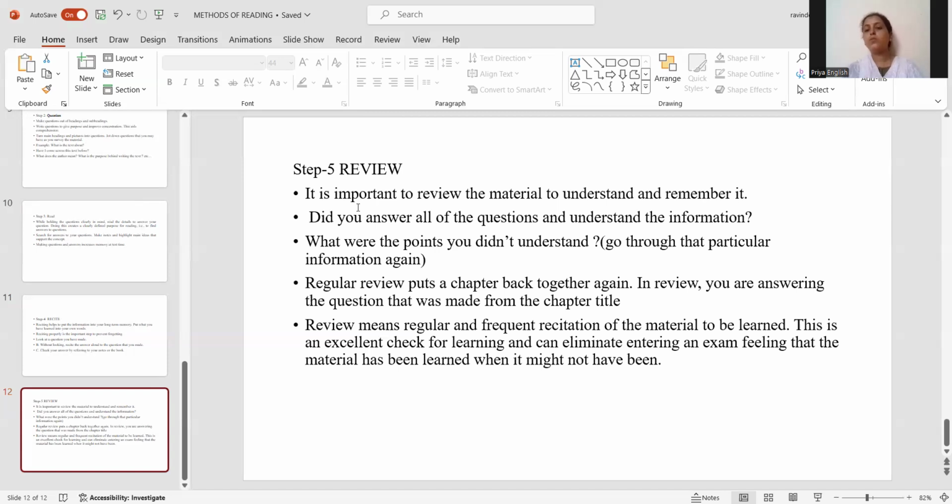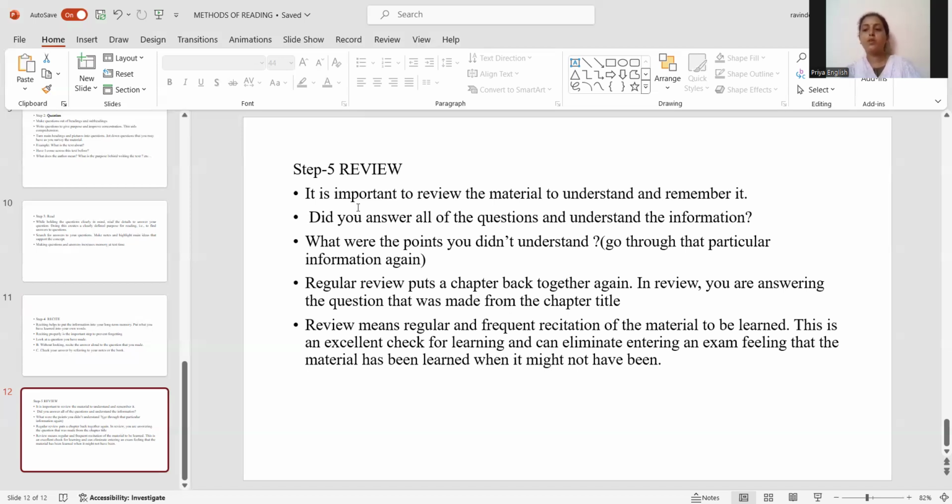It is important to review the material to understand it by repeating. You have read, you have recited, now you're going to review, you're going to recall whether you have understood, whether you are remembering it, and whether there are certain points which you have not understood, which you have made a note of.